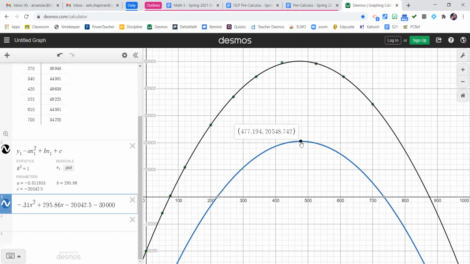So 20,548.74 would be her profit in excess of 30,000. So plus that 30,000, her maximum profit would be $50,548.74 roughly.